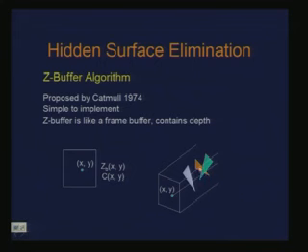Then I go to the next polygon, I do the plot of it, and change the depth if required. We will see what we mean by if required. That means the depth which was stored, if the current polygon has less depth than that, I change the value in the buffer.